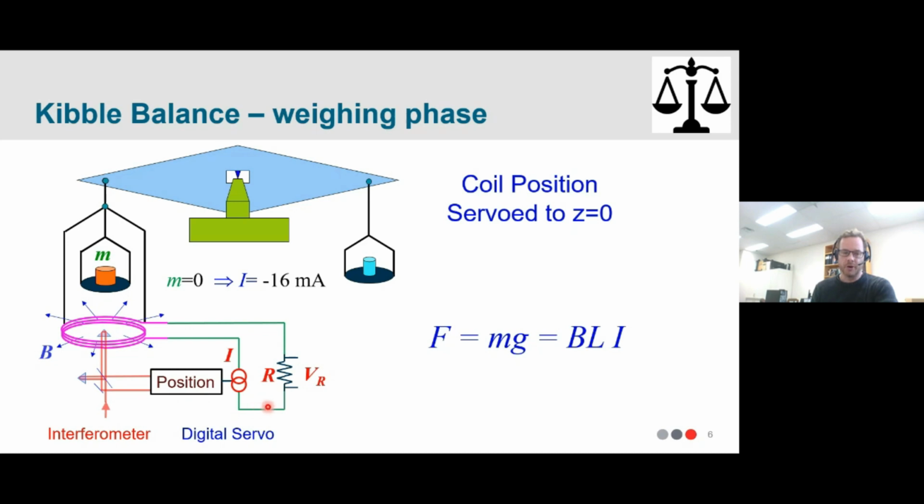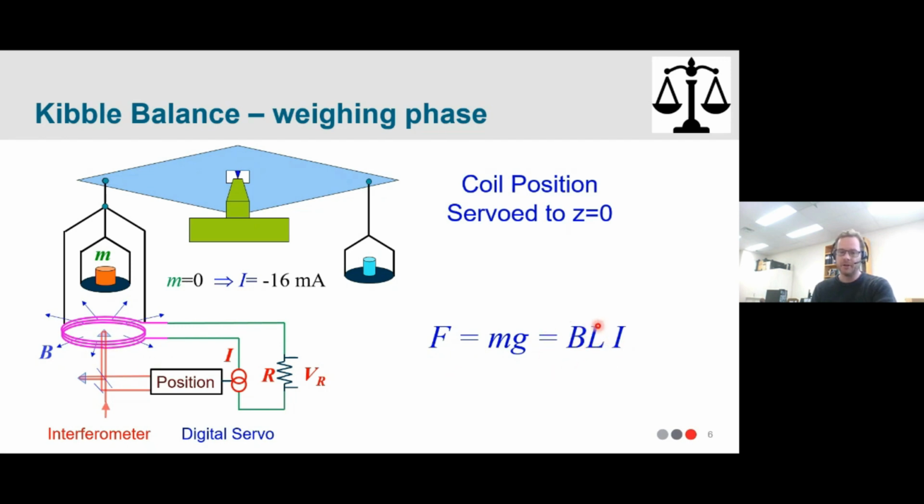And so we measure the current going through the coil in the weighing phase by measuring the voltage drop across the resistor. And so the current going through the coil gives us a relationship between the force due to gravity, so the force on the mass due to gravity, so that's mg is balanced by the upwards force from the current going through the coil.